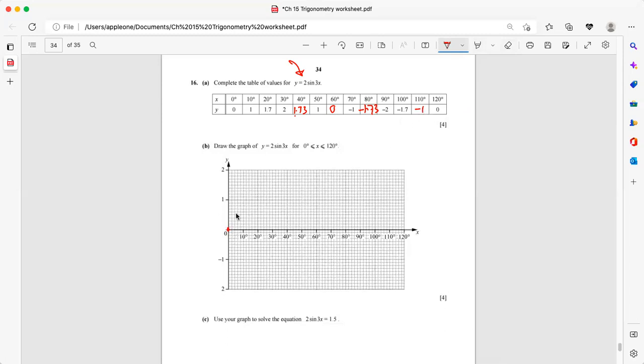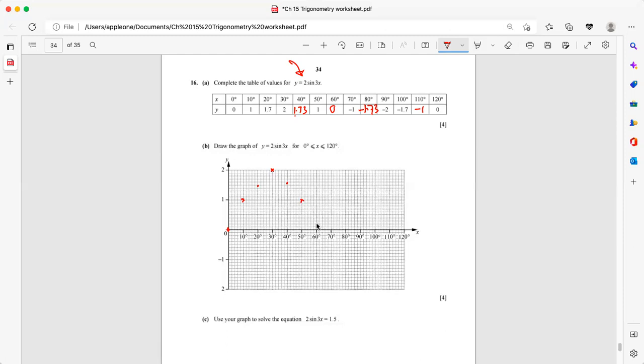For 0, it's 0. For 10, it's 1. And for 20, it's 1.7. So 1.7 somewhere here. Then for 30, it's 2. Let's say 2 is here, yes. Then for 40, it's 1.73 somewhere. So let's say 1.73 somewhere here. Then for 50, it's 1.